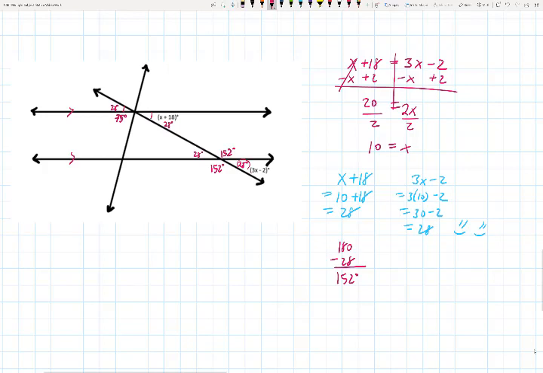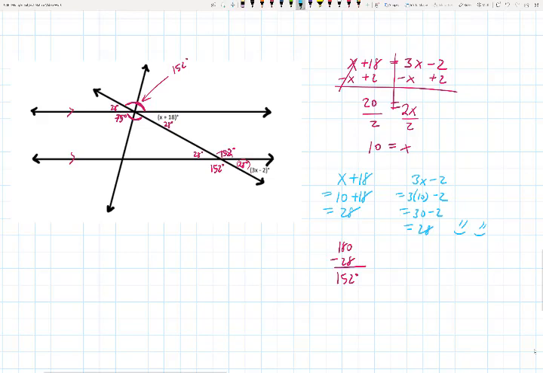And now when I go to the corresponding ones up here, this angle here corresponds to this whole thing up there, right? This line here chopped it, which we don't really like. So I'm going to make a note that that whole thing is supposed to be 152. Maybe I can come back to that later. Actually, I can come back to it right now. I know that this whole thing is supposed to be 152 because that corresponds to that.